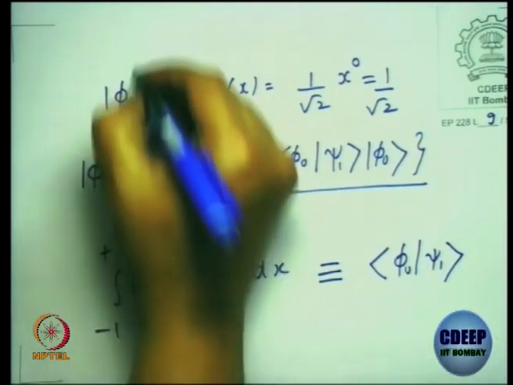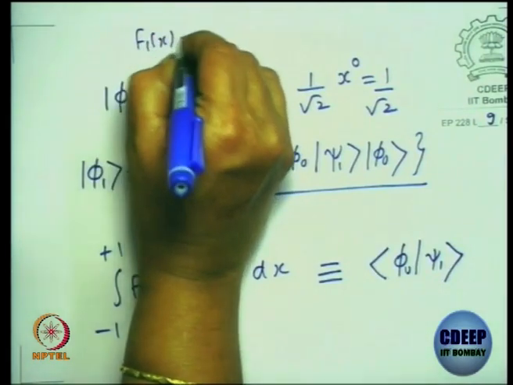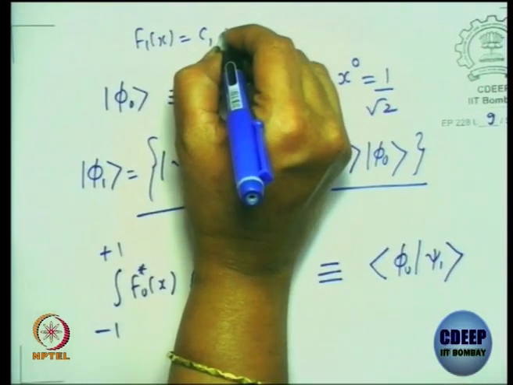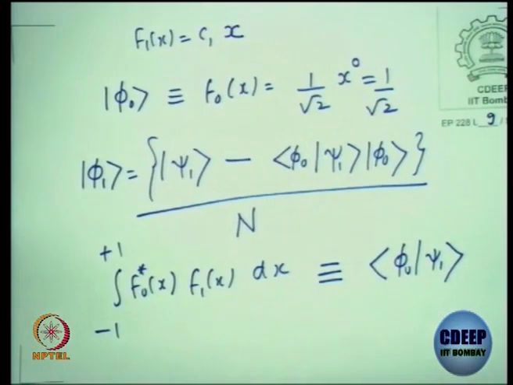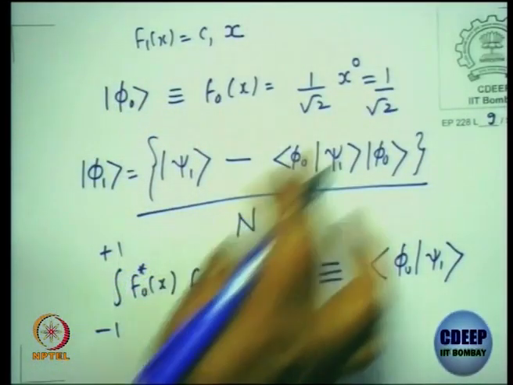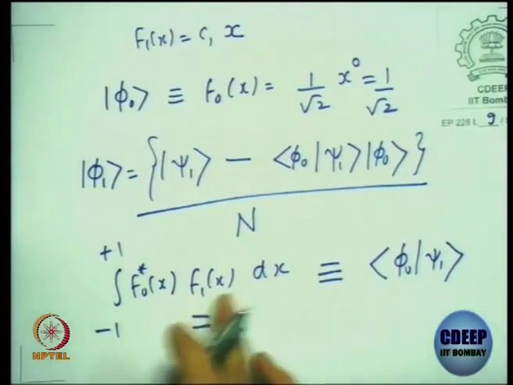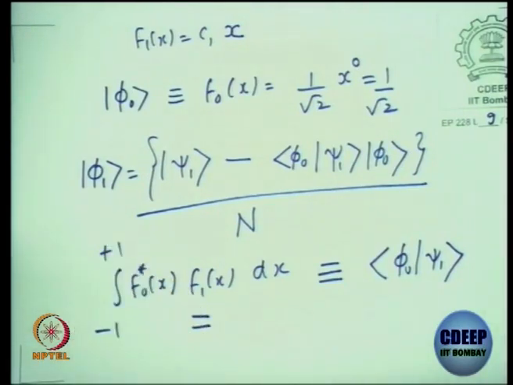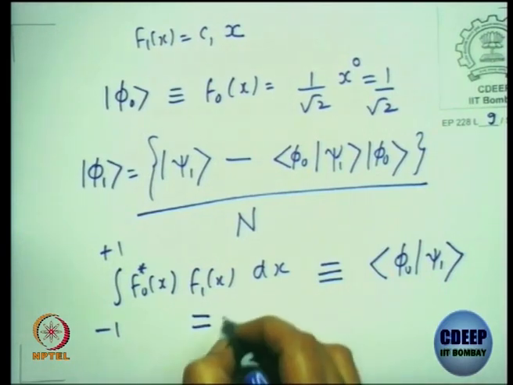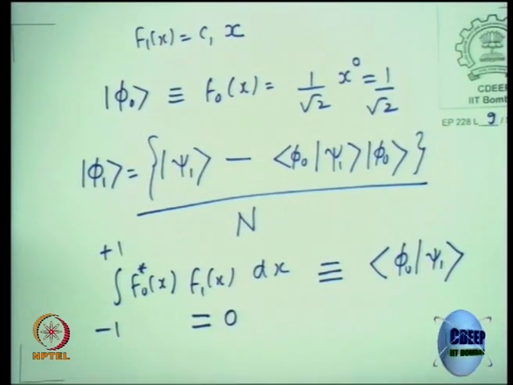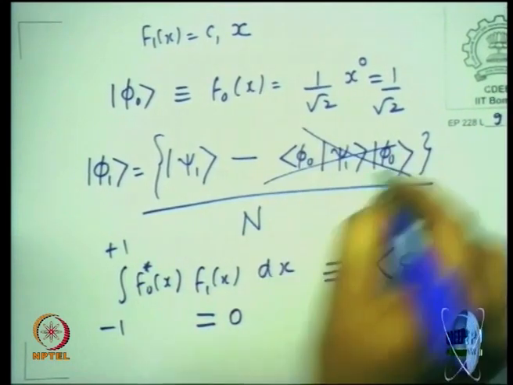What is f1 of x? f1 of x is c1 times x. Clear? So this is going to be what? It's a constant, and x integration from -1 to +1 will be 0. So you don't need to worry about this term.